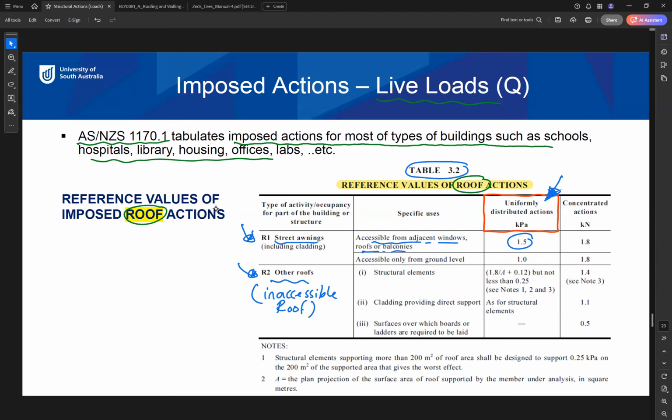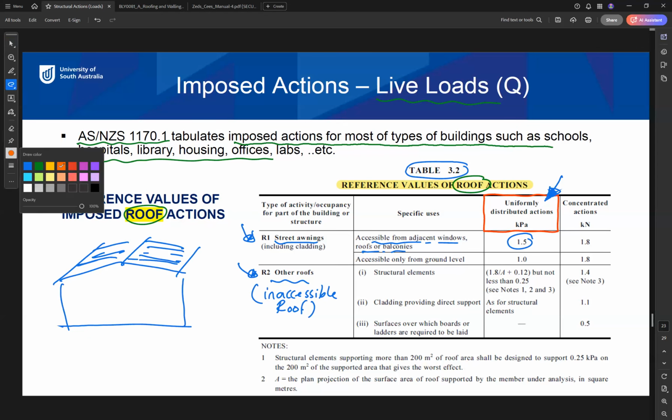For example, a warehouse or a shed, this roof is not accessible for people. People will not use it, but maybe one person goes up to clean or maintain the roof. So that's why we are using a minimal value here in this formula.